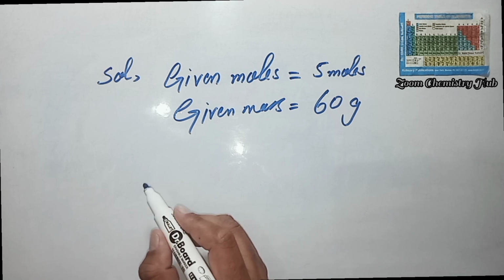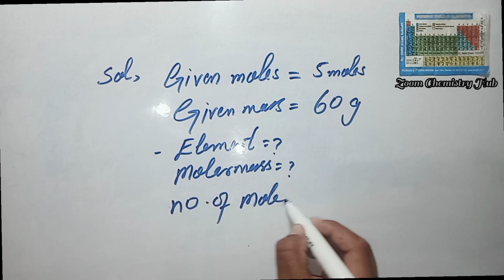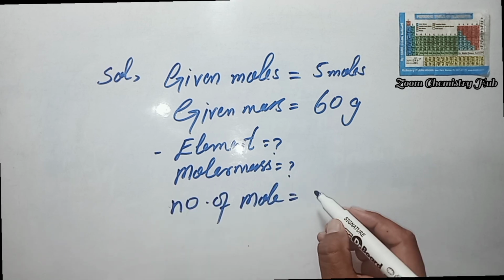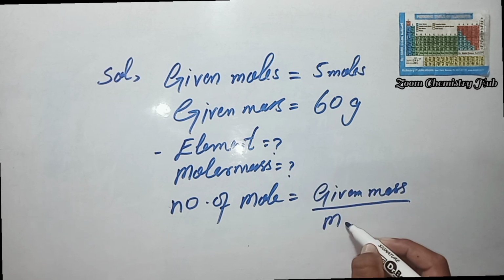So we have a formula for the number of moles, that is mole is equal to given mass divided by molar mass.